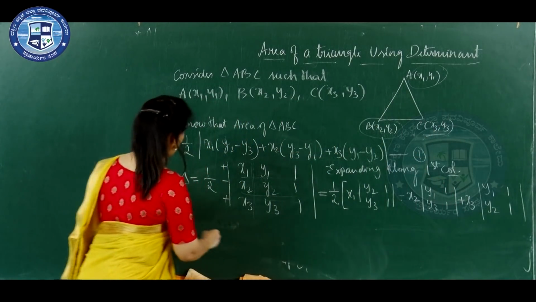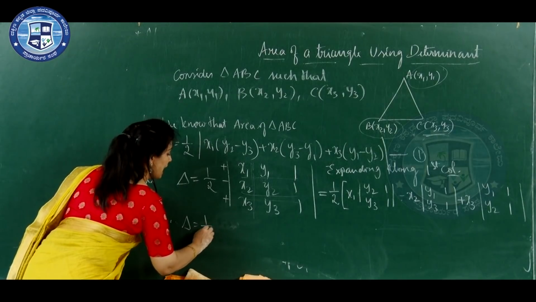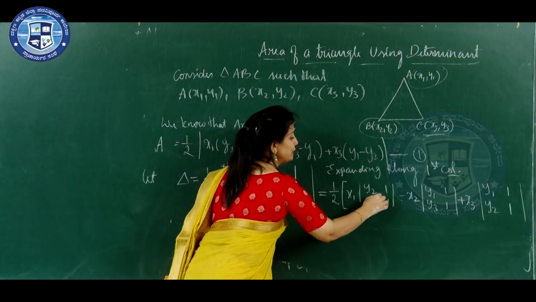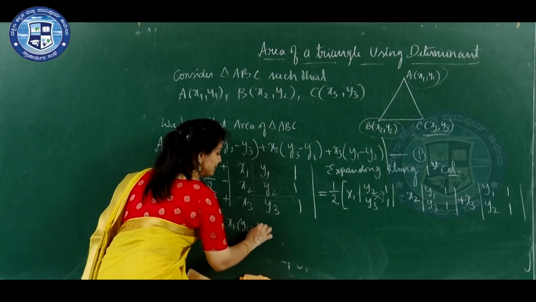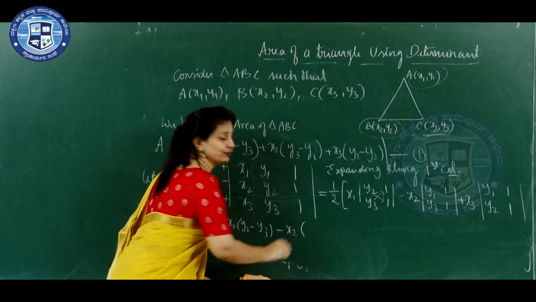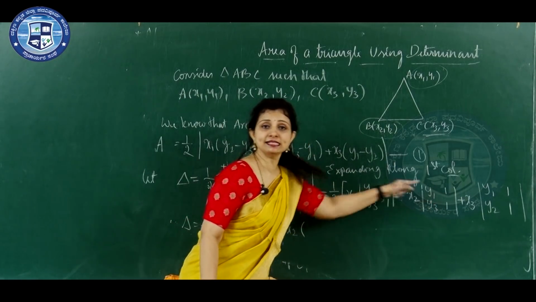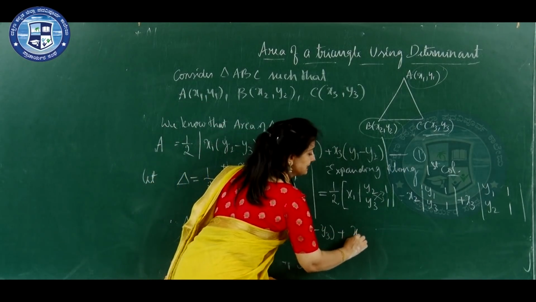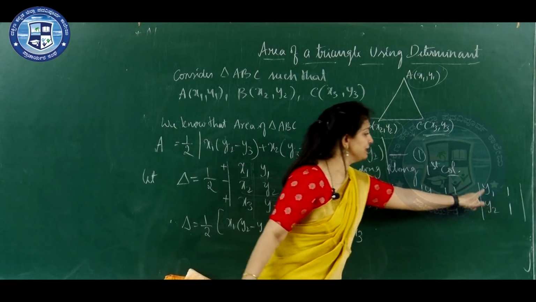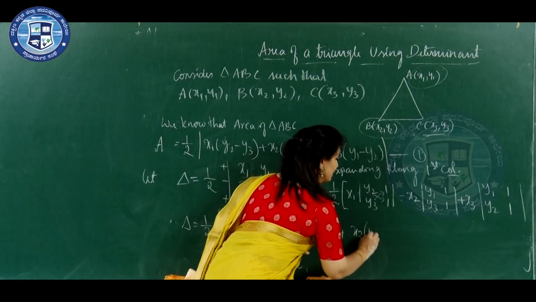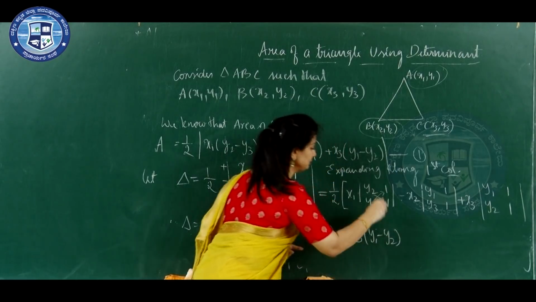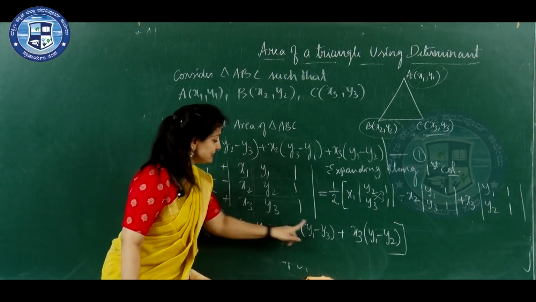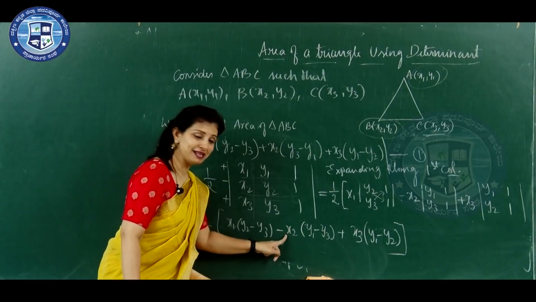Now, what is the value of delta? Therefore, delta equals half into x1 times (y2 minus y3) minus x2 times (y1 minus y3) plus x3 times (y1 minus y2). Now, look at this, minus x2 is there. When we take out the minus sign, it is minus of minus, plus x2.